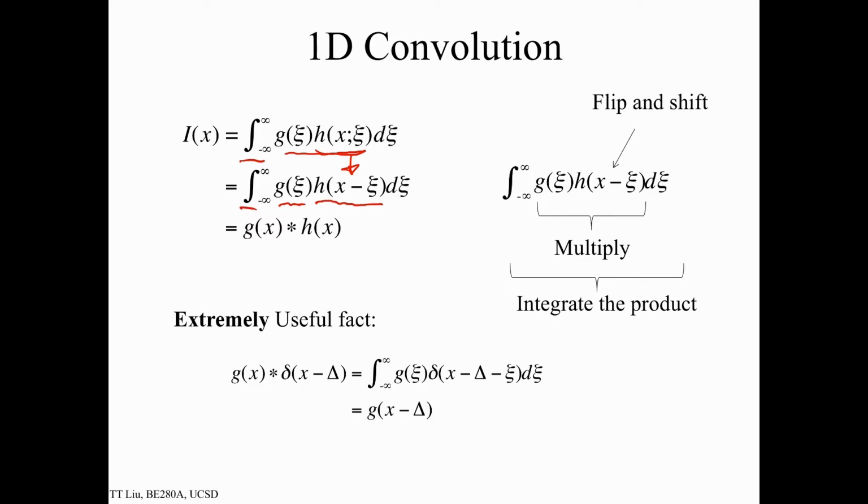And this form comes up so often we give it a special name. We call it convolution, and we typically denote it with this asterisk symbol. So this would mean that g is convolved with x. So this operation of taking g, multiplying it by shifted versions of x, and then integrating over all of space is what's known as convolution.